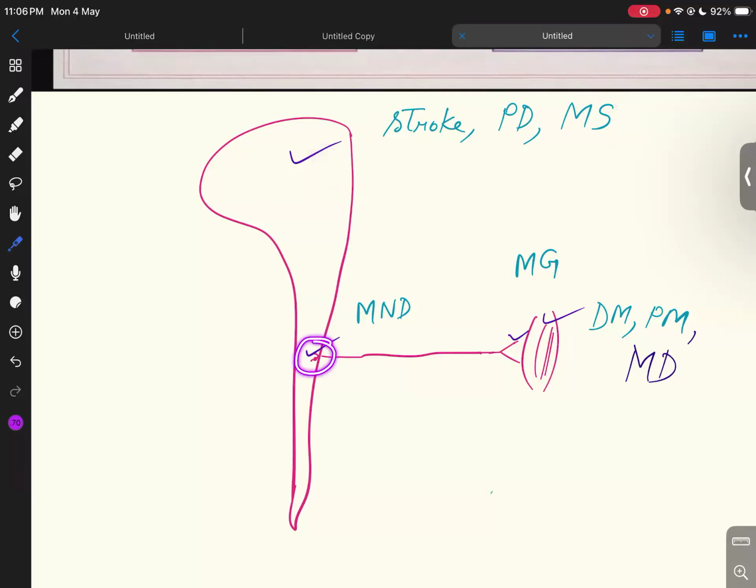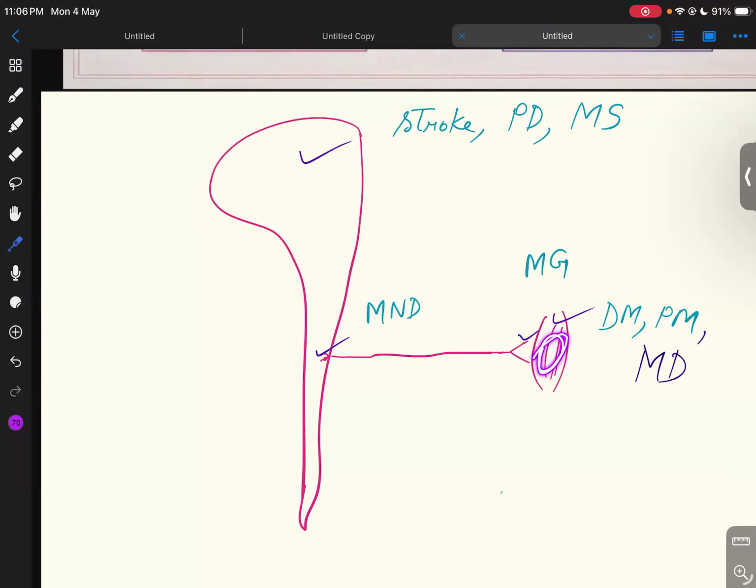In the anterior horn cell, patient can have oropharyngeal dysphagia like the motor neuron disease. Motor neuron disease is one of the anterior horn cell disease. At the neuromuscular junction, it is the myasthenia gravis case. And this is the most important and only one case that has come up to now under the section of oropharyngeal dysphagia in the PACES exam.